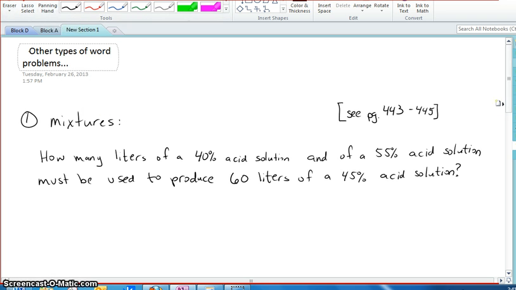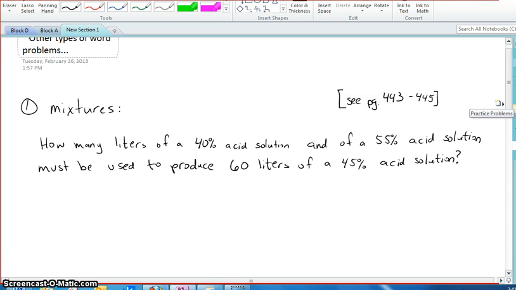Okay, so for mixtures, how many liters of a 40% acid solution and of a 55% acid solution must be used to produce 60 liters of a 45% acid solution? So I know how many liters I have, right? So I know liters, and I know my solution concentrations.